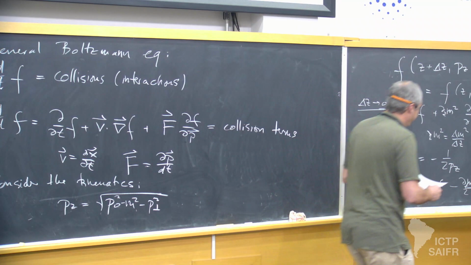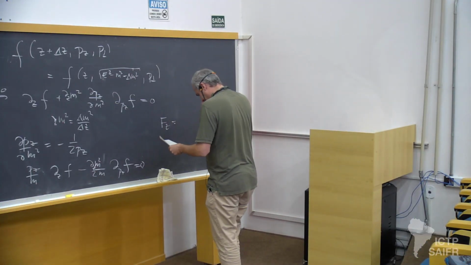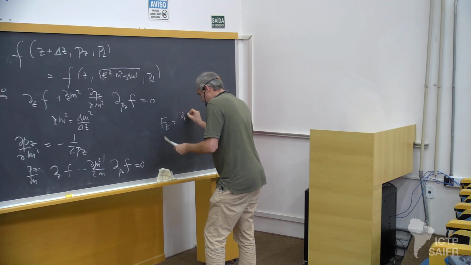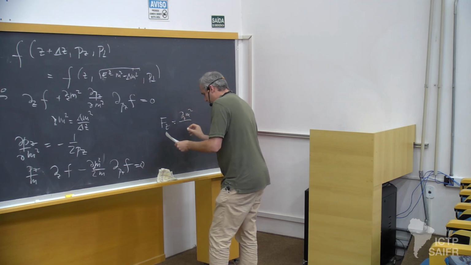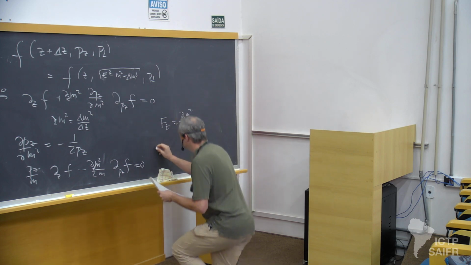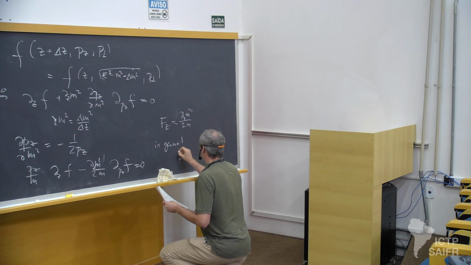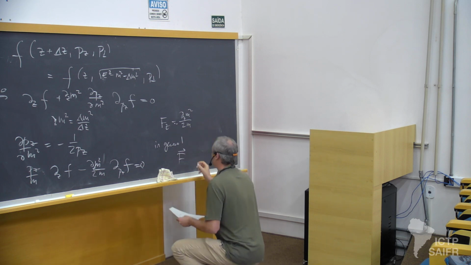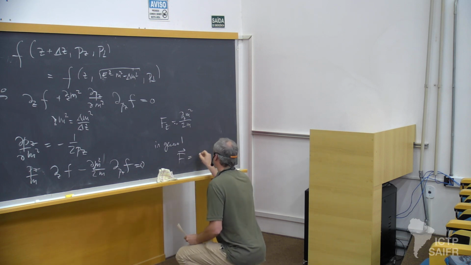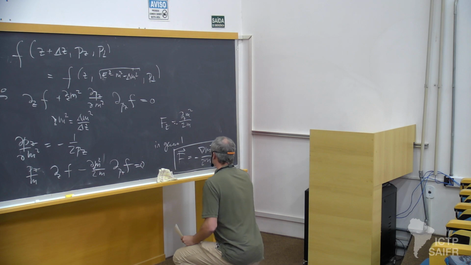So we can identify now the z force as being minus the z derivative of m squared over 2m. Or in general, of course, if the mass would not just depend on z, but on all the coordinates, then the force would be just minus the nabla of m squared divided by 2m. Okay.